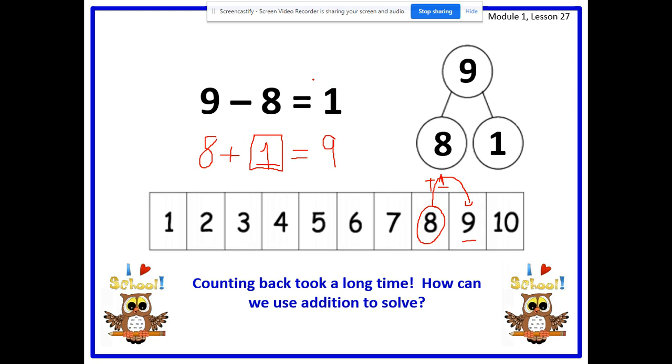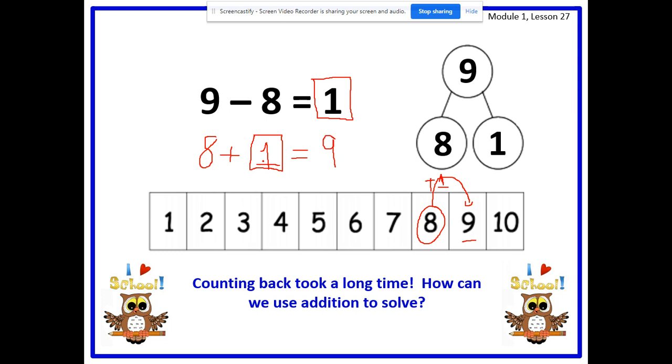Our answer for 9 minus 8 equals 1 when we hopped back 8 times. When we counted back, we got 1. And when we counted on, which means forward, we still got 1. So think about it. Did we get the same answer each time? Get ready. Yes, right? We did.